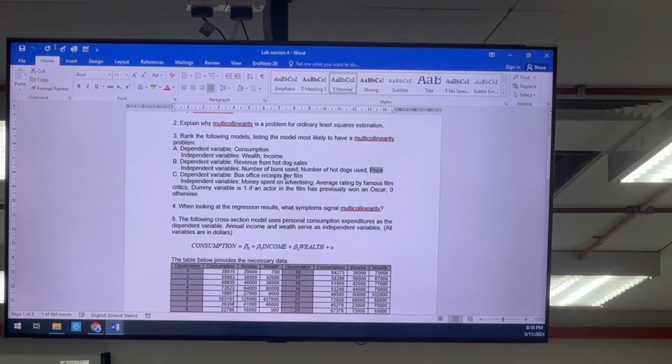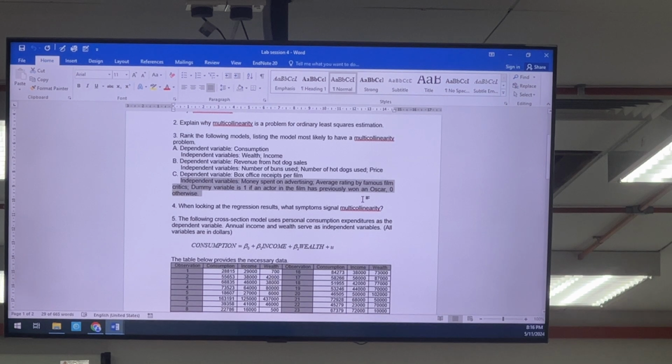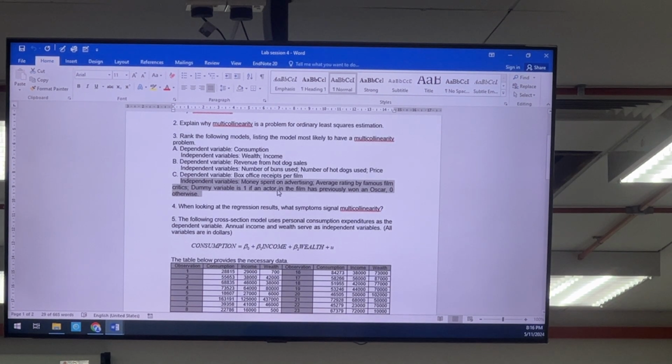C, box office receipts per film. The independent variables are money spent on advertising, average rating, and a dummy variable. This one is quite unlikely to have a problem because it is unlikely to have linear dependence between these variables. Money spent and rating are different things. The rating does not really depend on the advertising expenditure, as it is given by the film critics.